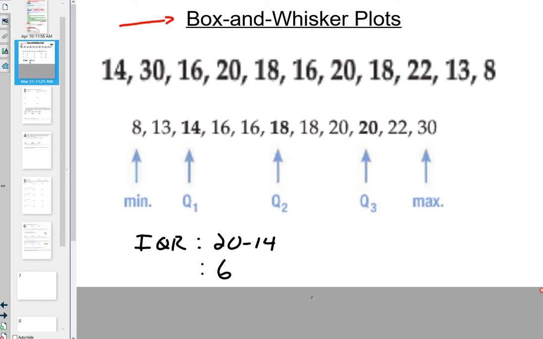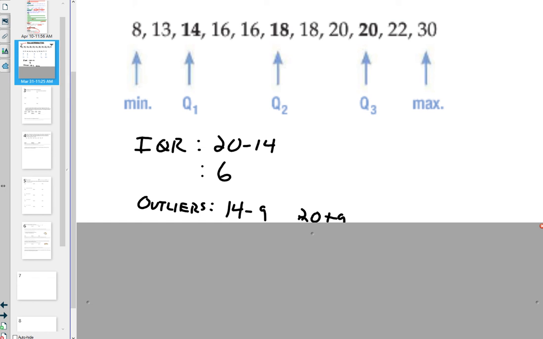But then you have to get that interquartile range and multiply it by 1.5. What is 1.5 times 6? Ready, set, calculate. It is 9.